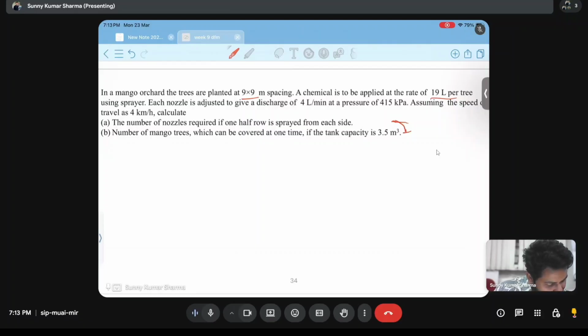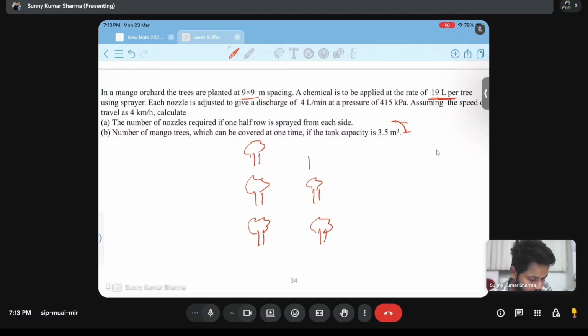19 by 2, I think in your question there is some modification, with 90 liter per tree. So 90 liter will be for one tree. So if one half row is sprayed from each side, that means, that question I'm not getting. So if you can explain. This is the spray movement and it is spaced 9 meters and it will be spraying 90 liter for one tree.